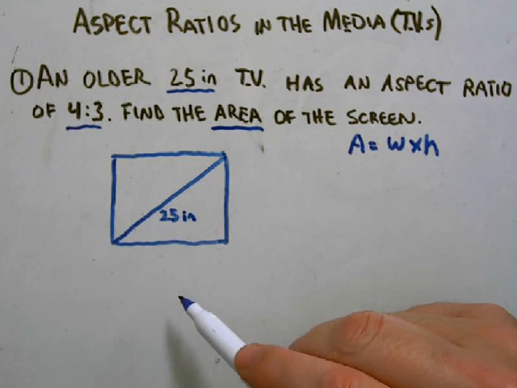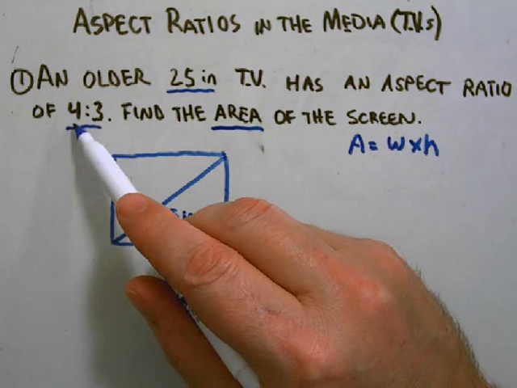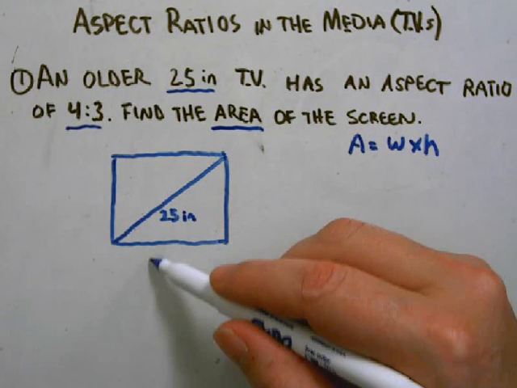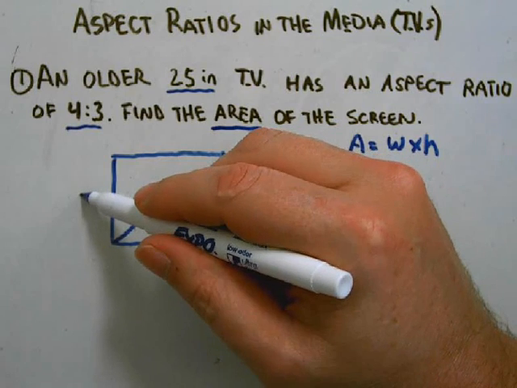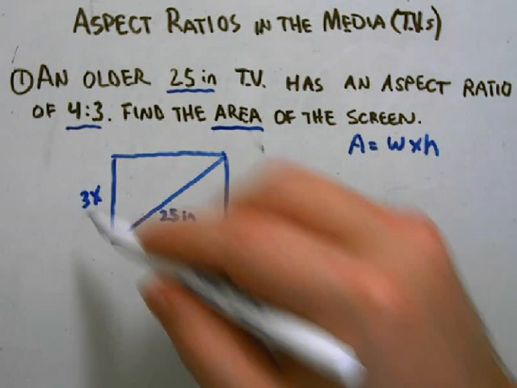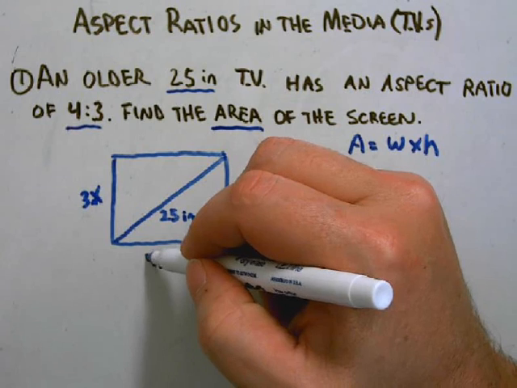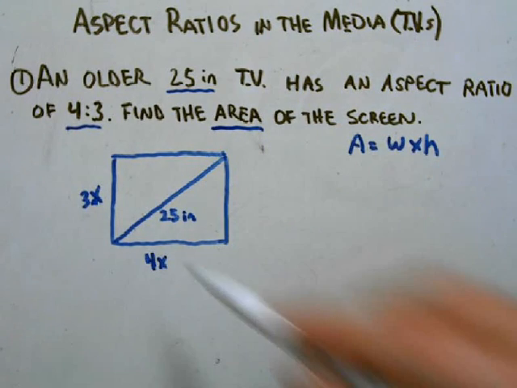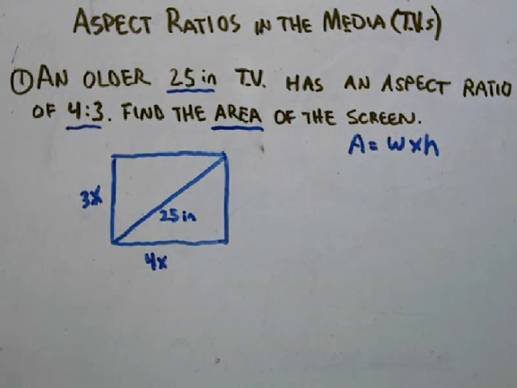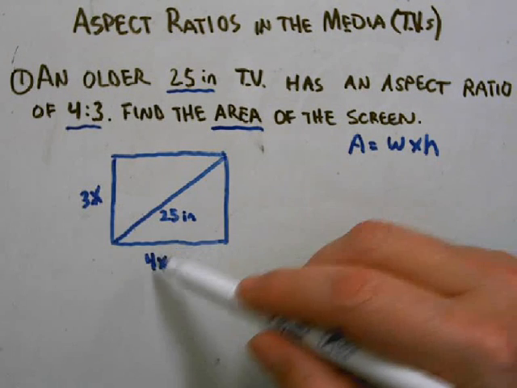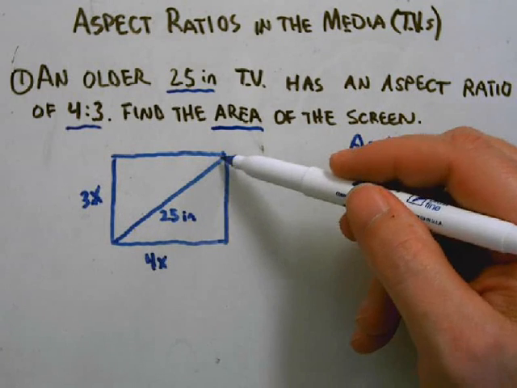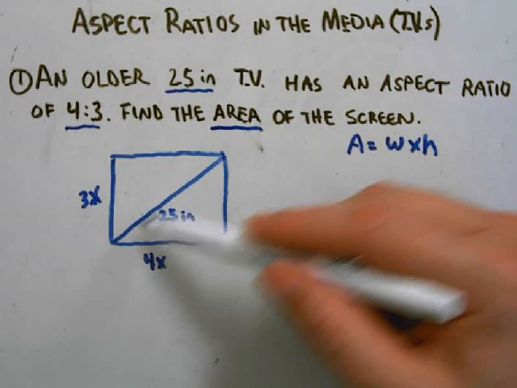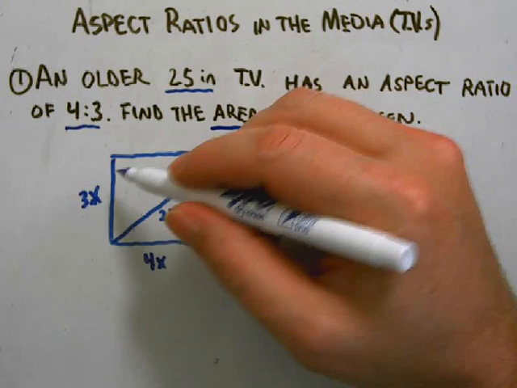So our aspect ratio is 4 to 3, so it's 4 times some number and 3 times some number. So 3x and 4x we can let represent our aspect ratio. Now the only thing we have between the length, the height and the diagonal is that it's a right triangle.